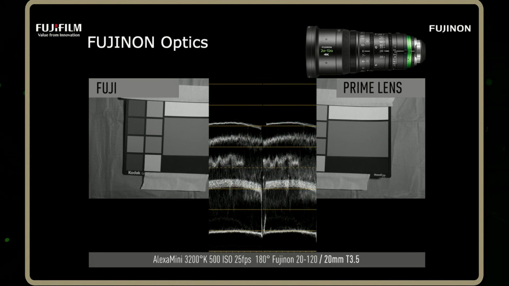You can see here a prime lens. We're not going to tell you what prime lens that is, compared to the Fujinon XK20 to 120, and you can see a difference in the overall contrast. This is shot with an Alexa Mini, like it says there, at 500 ISO.